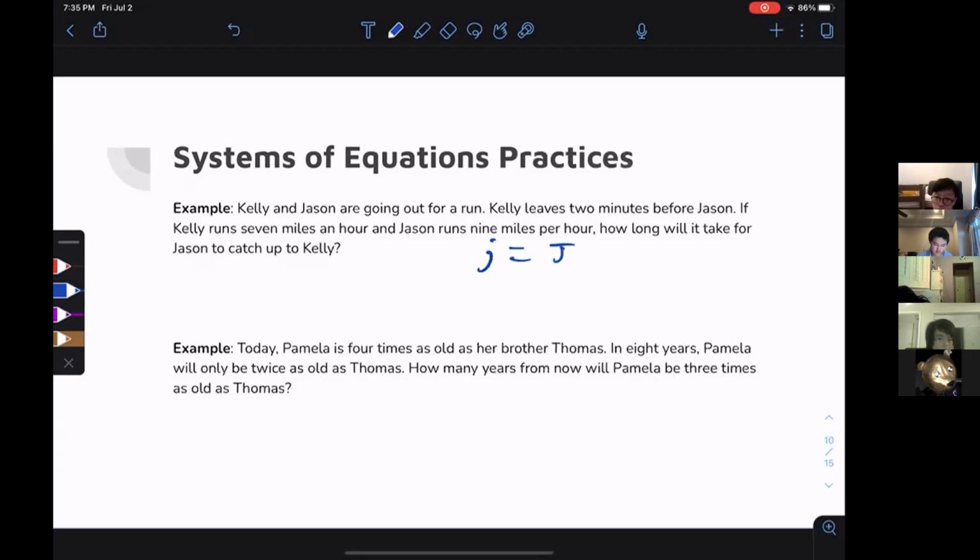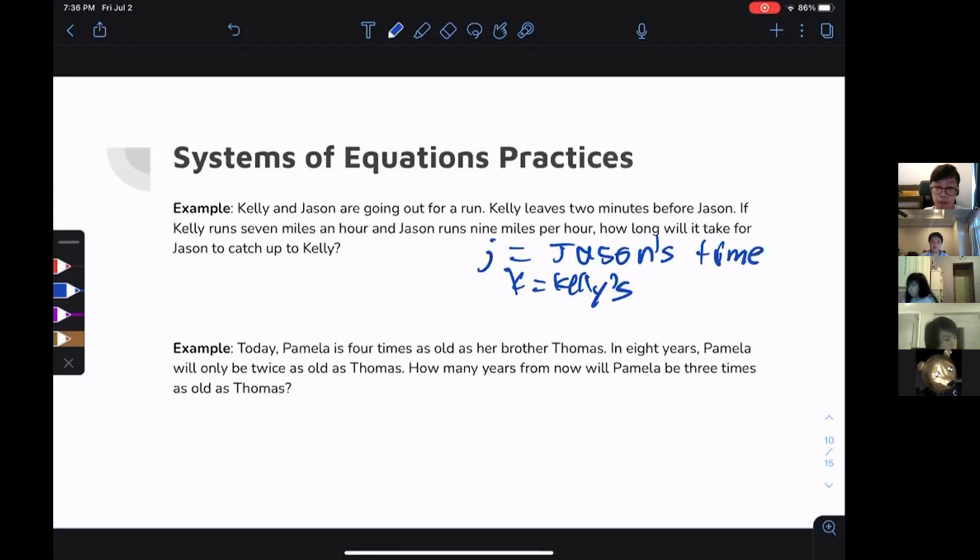So I'll have a variable j equal to Jason's time, and then of course k is Kelly's time. Kelly leaves 2 minutes before Jason, so that means she's been running for 2 minutes longer no matter what point in time they're at. So we have k is equal to j plus 2.